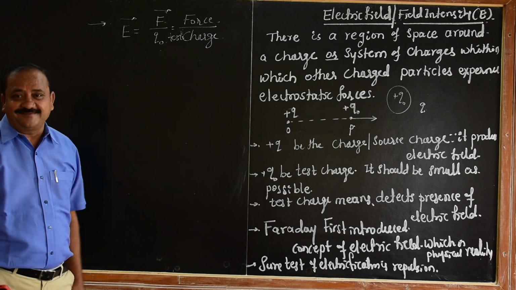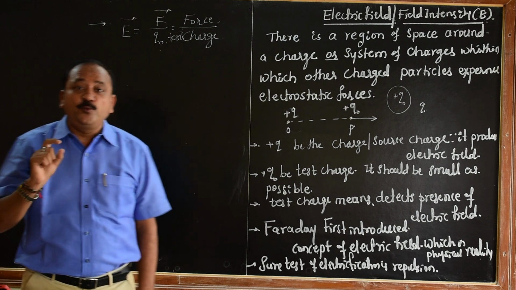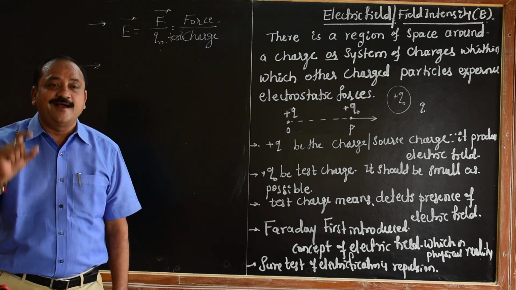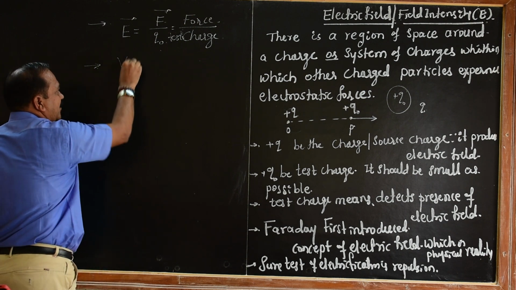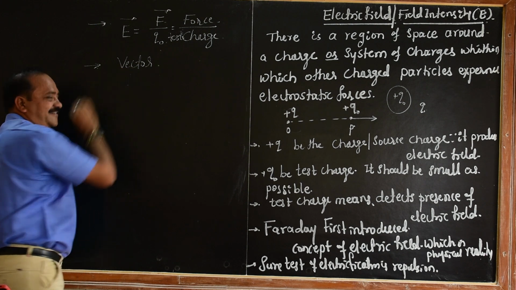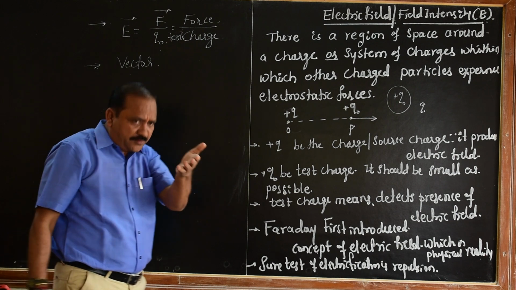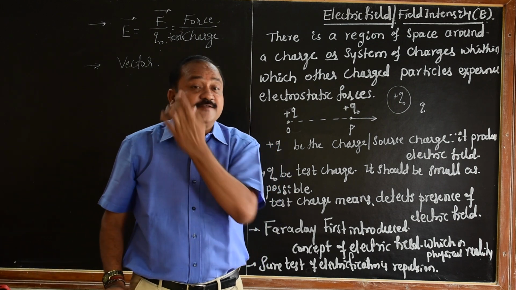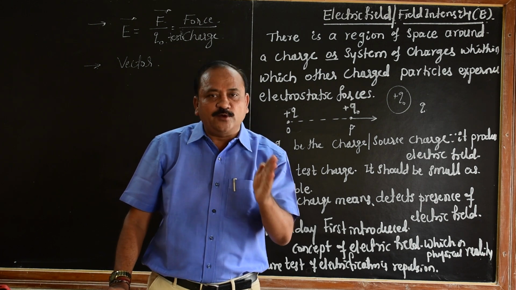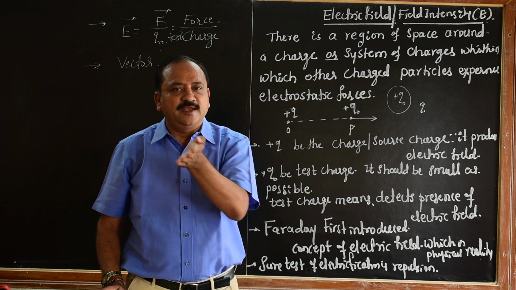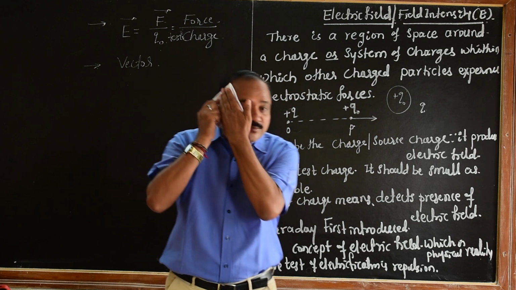The next one: whether the electric field is a scalar quantity or a vector quantity. Electric field is a vector quantity. We studied that a vector quantity is one having both magnitude and direction.